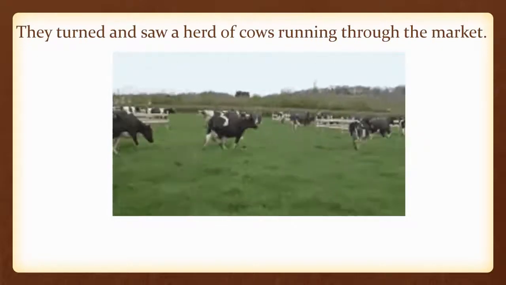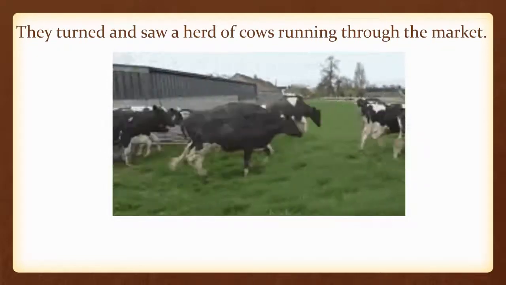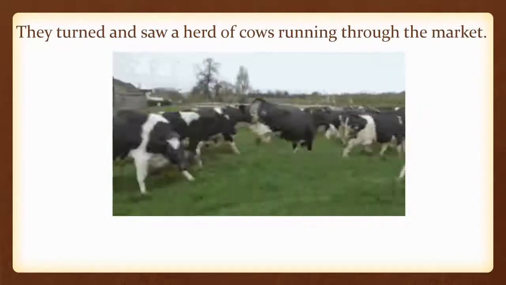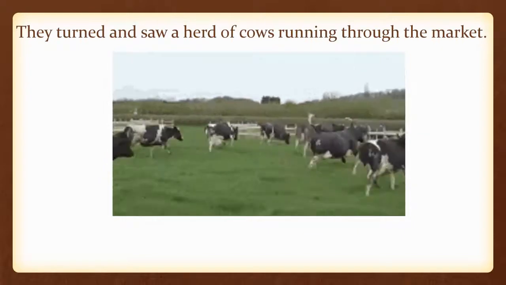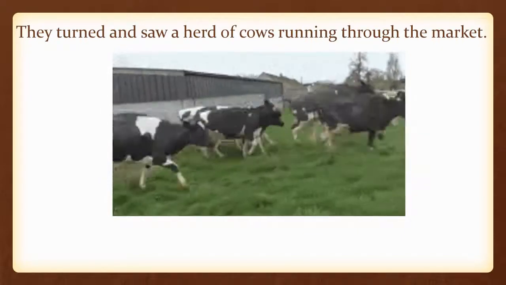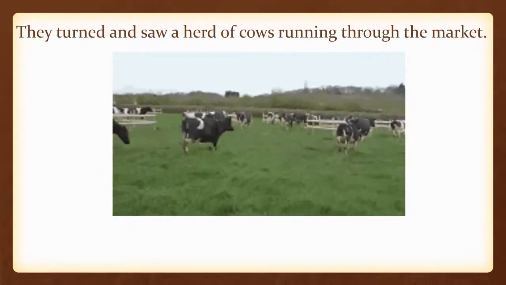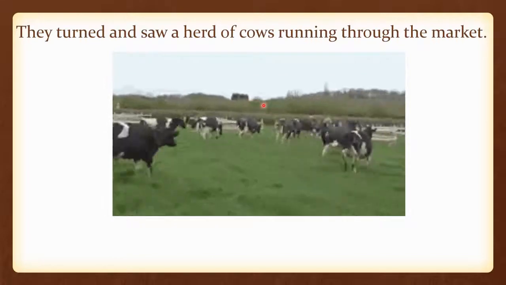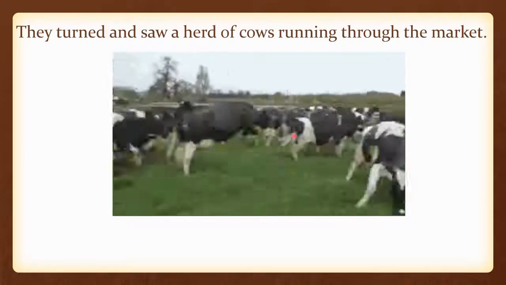So, as the buyer, the man there, shouted, Lashin and his grandfather turned. And what they saw was a herd of cows running through the market. As you can see in the picture, there are many cows running here and there.